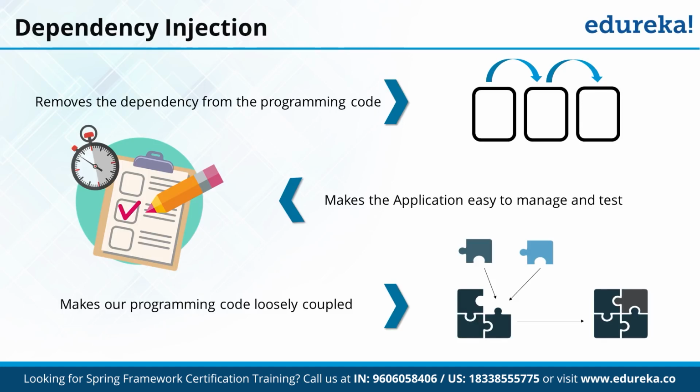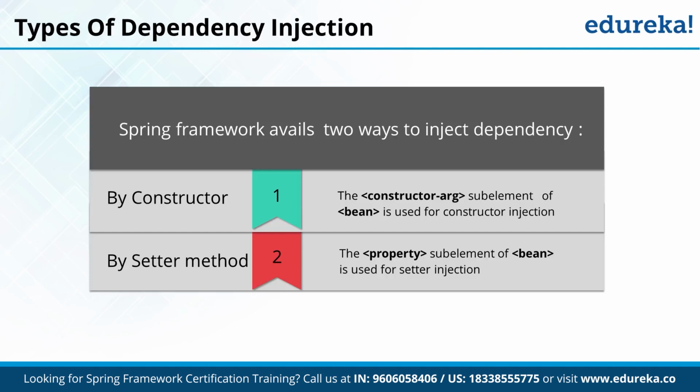That's the key important point which we need to take care of, even when we are writing code examples. All right. So how is this dependency injection taken care of by the Spring Framework? In the Spring Framework, we have injection by constructor and by setter method. These are the two different techniques by which the dependency injection is resolved. So we have constructor-arg and property as key tags, which can help us to resolve this dependency injection.